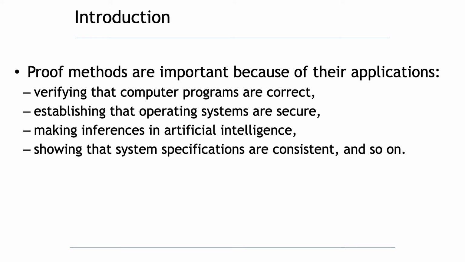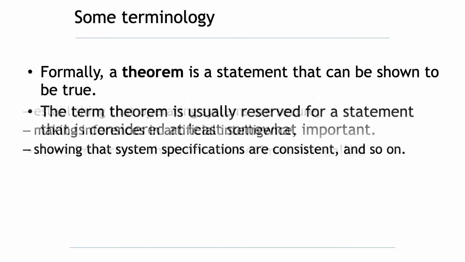They can be used to verify that a computer program is correct, to establish that an operating system is secure, to make inferences in artificial intelligence, to show that system specifications are consistent, and many others. Therefore, understanding the techniques used in proofs is essential both in mathematics and in computer science.